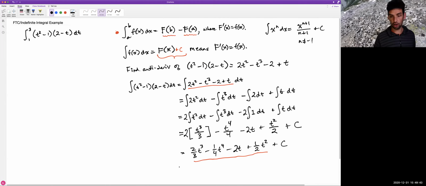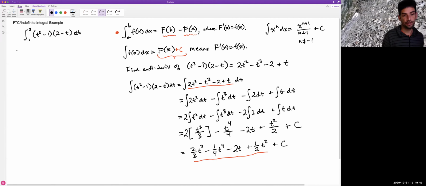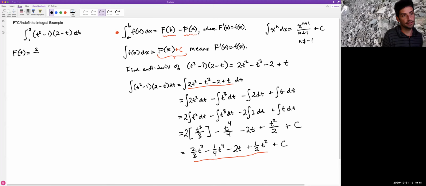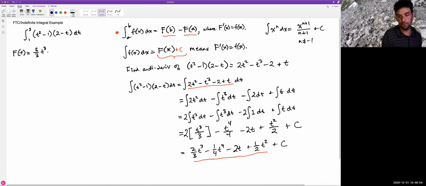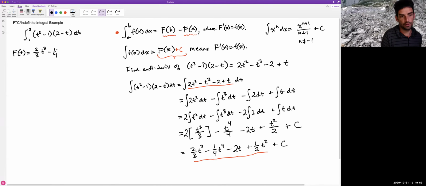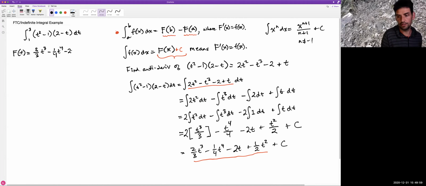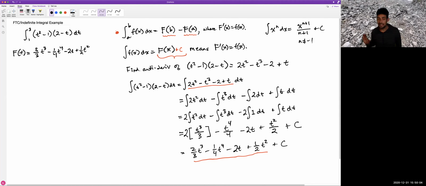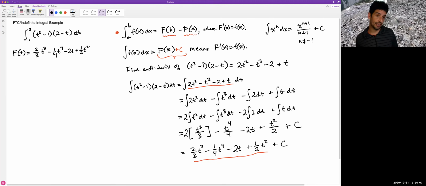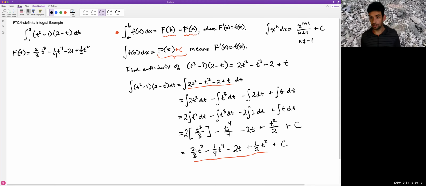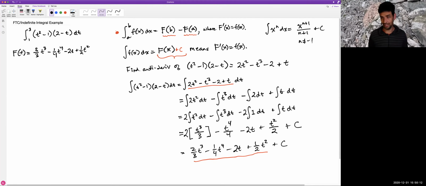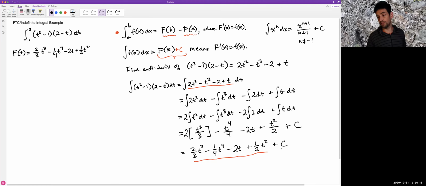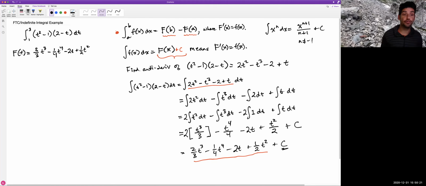So let's call this antiderivative capital F of t, 2/3 t cubed minus 1/4 t to the 4th minus 2t plus 1/2 t squared. Now, here I'm going to leave the c off because when we evaluate definite integrals, we don't need a particular antiderivative. We need any antiderivative. In this case, I'm going to take the simplest, where this constant is just a 0.